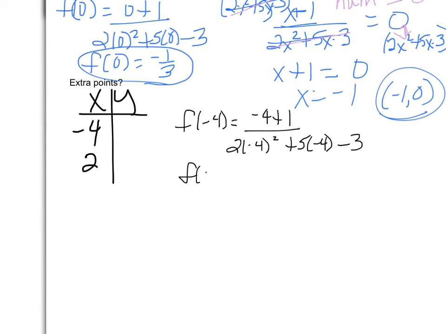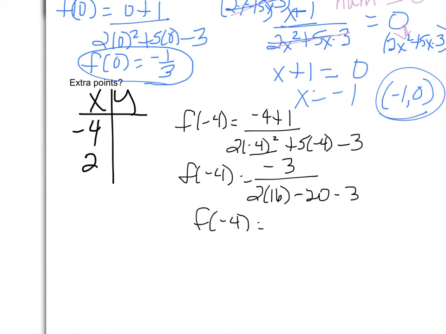So f of -4, if I simplify this, will be -3 over 2 times 16, because remember you do exponents first, minus 20 minus 3. So f of -4 is -3 over 2 times 16 is 32, minus 23 is going to give me what, a 9? So I end up with -1/3. Check my math on that, make sure I did it correctly.